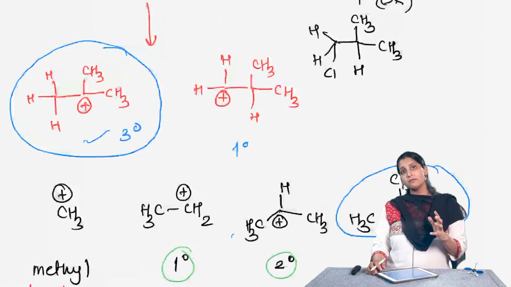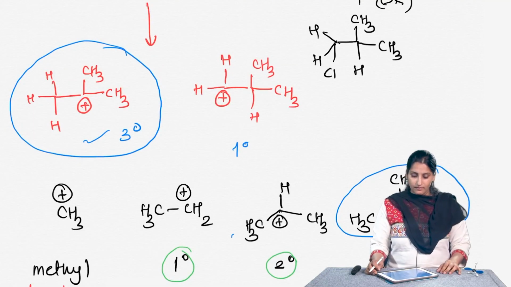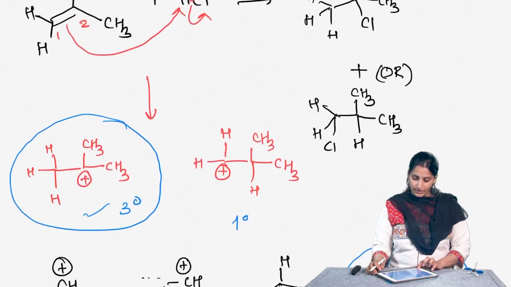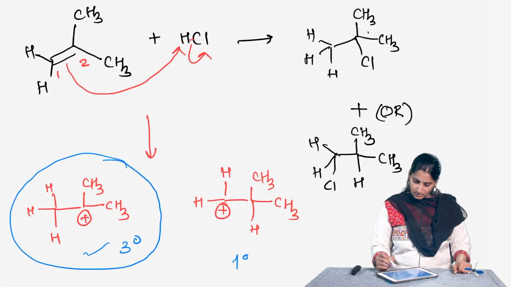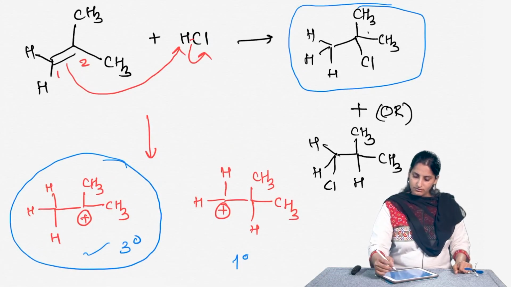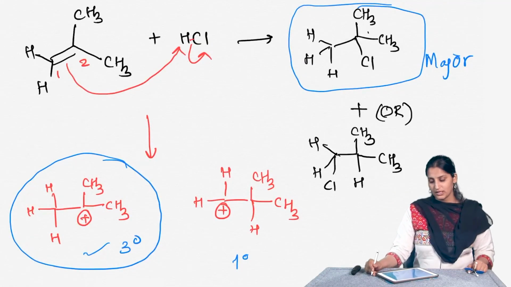The product will arise from this particular carbocation, and the product of our reaction that arises from this carbocation is the first one. So, this will be the major product of the reaction, and the other product will be the minor product of the reaction.